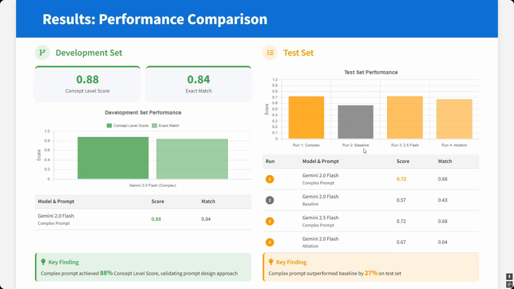But when we compare it to the baseline, which is the vanilla one, there is a very noticeable difference. It is a 27% difference. And when it comes to the 2.0 Flash, there is no noticeable difference. And when it comes to the fourth one, which is the ablation prompt, the results are very expected, which is a slight reduction in performance.